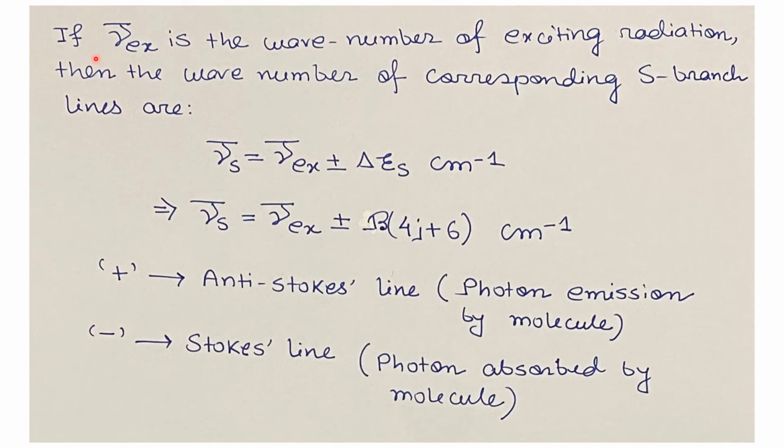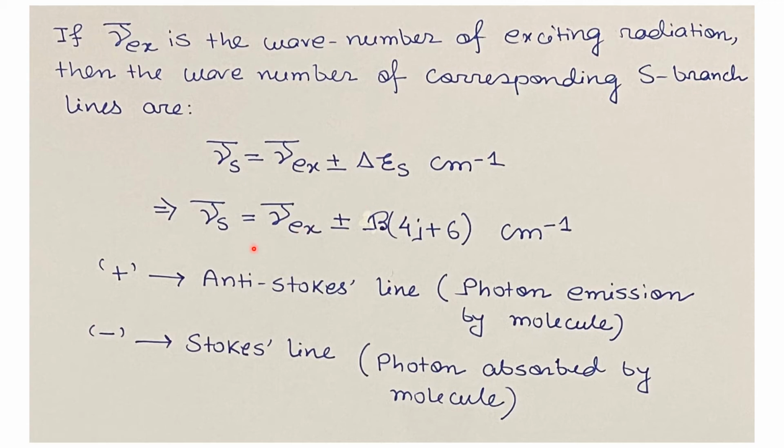Now, if nu Ex bar is the wave number of the exciting radiation on this molecule, then the wave number of the corresponding S branch lines are nu S bar equals nu Ex bar plus minus del Es centimeter inverse. Here nu S bar is the wave number for the corresponding S branch line, nu Ex bar is the wave number of the exciting radiation, and del Es corresponds to the wave number for the allowed transition in that S branch line.